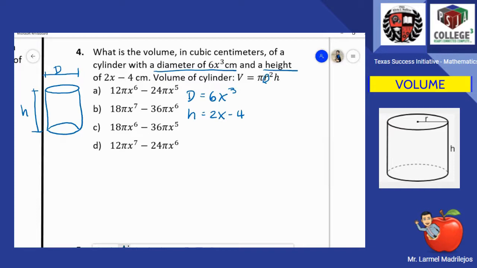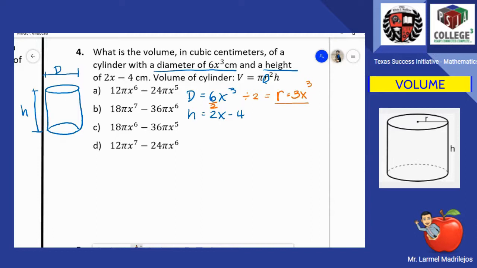But if you look at the formula, we're using radius. So what does it mean? I need radius, so I need to divide this by 2. 6 divided by 2, so the radius will be 3x to the cube. So that's the information I'm going to use, the radius.